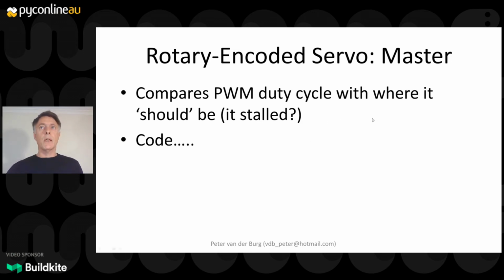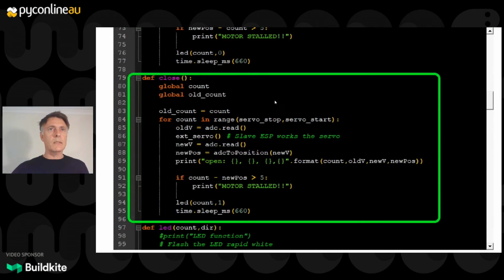And on the master, a problem that I did have was that the thing could stall, but I also found out that it doesn't necessarily work that well, because it's a low-powered servo, and too much current in the motor for too long will burn it out. And if I was jamming it up, that could be 5 seconds, and it doesn't react fast enough.